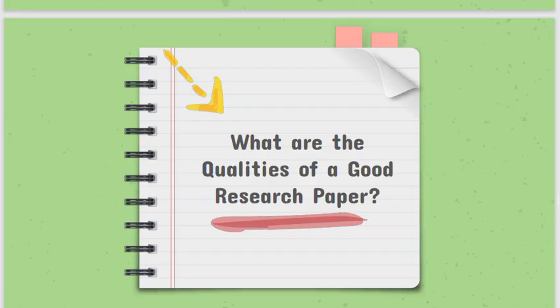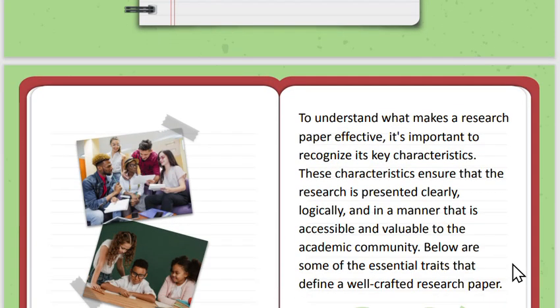Now we have the qualities of a good research paper. The qualities of a good research paper usually include clarity, originality, thoughtful analysis, and logical organization. All these things are very important in order to produce a good research paper.